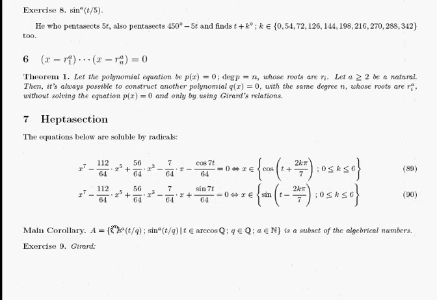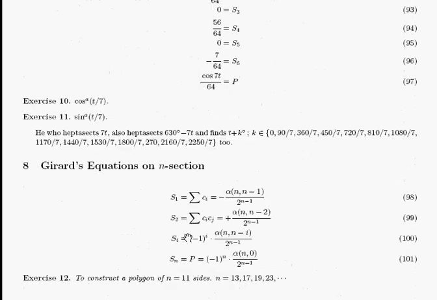Let's turn back. Dividing, alpha n minus 1 over 2 to the power 2 n minus 1 is the sum 1 by 1. The sum 2 by 2, with sign plus, alpha n minus 2 over 2 to the power 2 n minus 1.